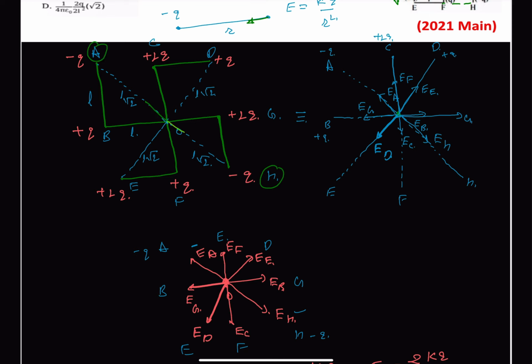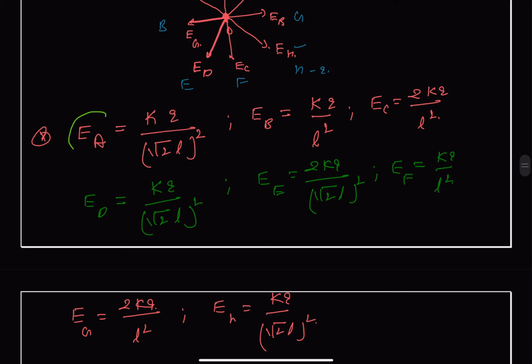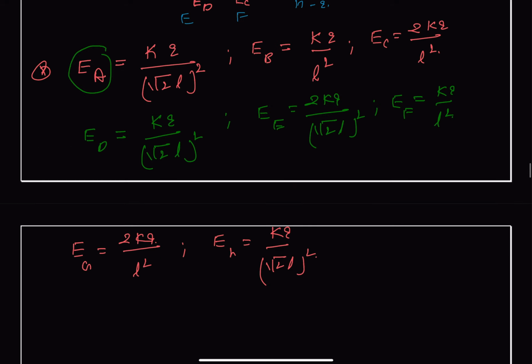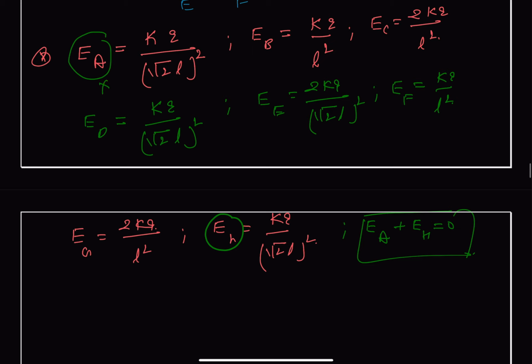So this is our EA and we are having EH. They are both opposite direction and their magnitude is same. So both are same but opposite in direction. So we can say electric field EA plus electric field EH will be equal to 0. So these two are going to balance out each other.